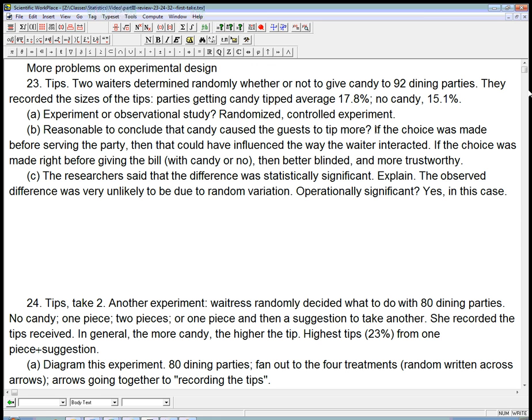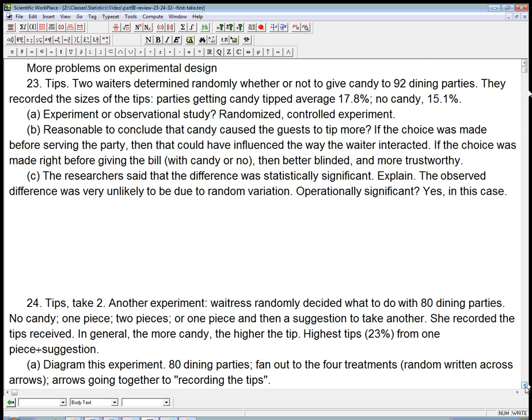The waiter has the knowledge, or in this case, the waitress down here has the knowledge whether they're giving candy or not. And that could easily have an influence on how good the service is, what the interaction is like, and therefore an impact on how much they tip. So one purpose of blinding, especially in these two experiments, is to try to remove that possible confounding variable.